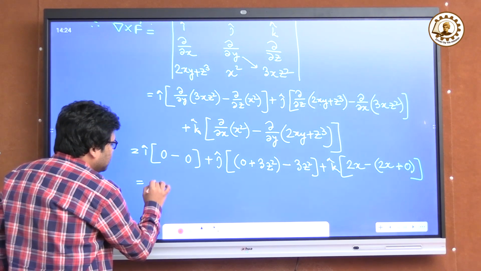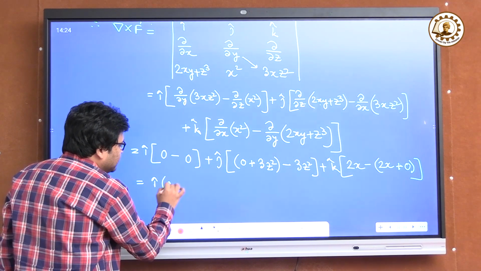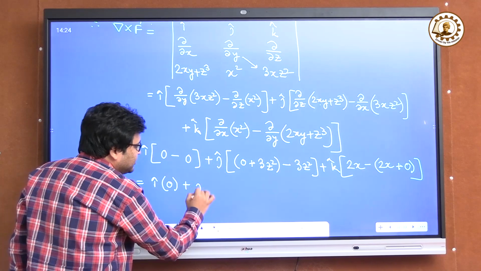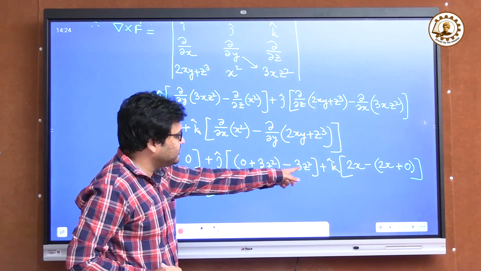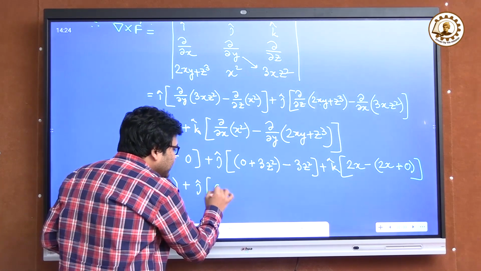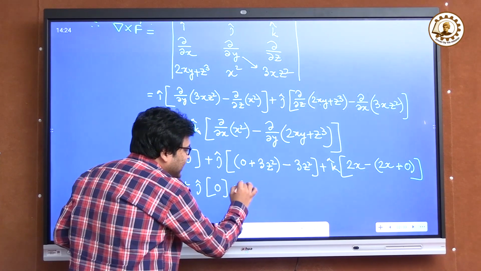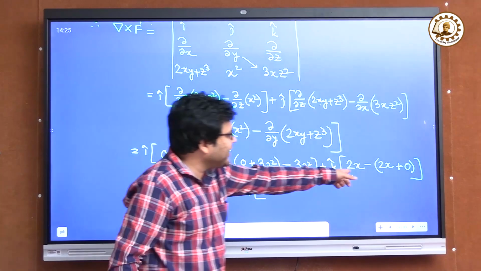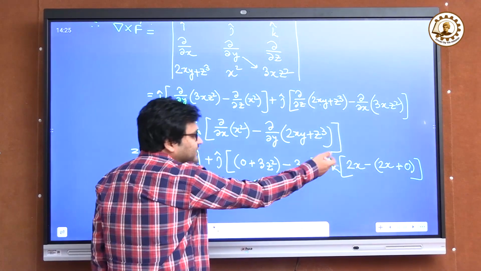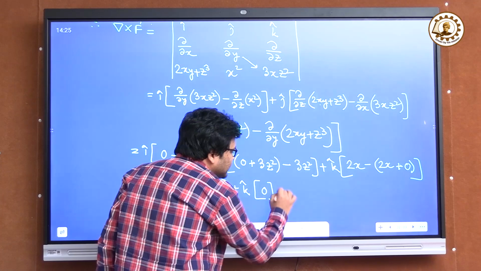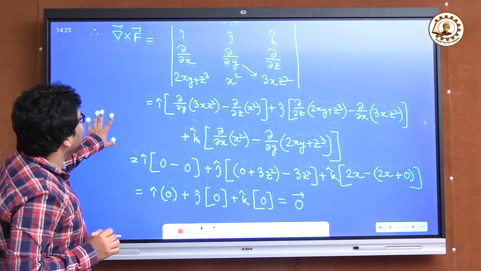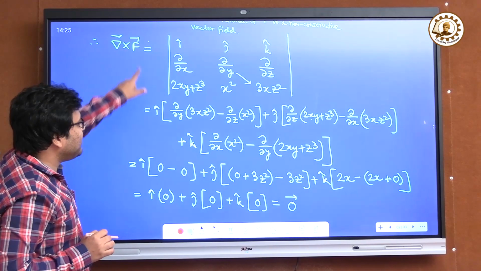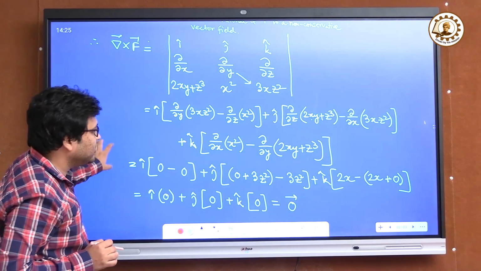So this leads to i cap times 0, plus j cap, as you can see, 3z square minus 3z square, these two terms cancel out, that gives us 0, plus k cap, we have 2x minus 2x, obviously these two terms cancel out, so it results in 0. So as a result we have the 0 vector. On the left hand side we have curl of F, that results in the 0 vector.